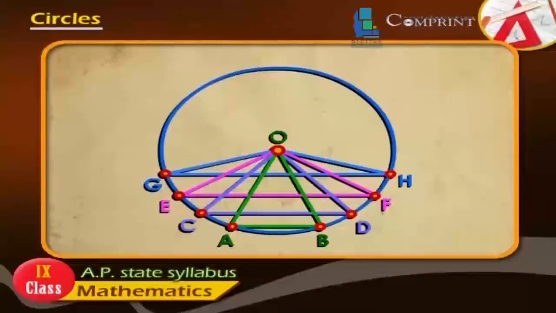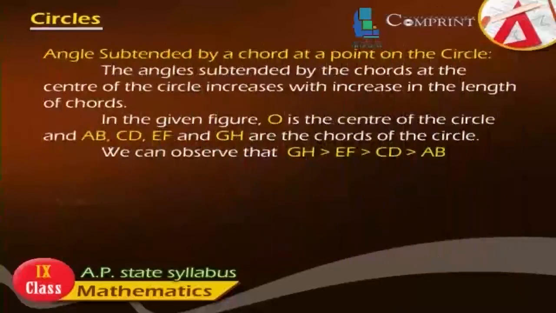In the given figure, O is the center of the circle and AB, CD, EF and GH are the chords of the circle. We observe that GH is greater than EF, greater than CD and greater than AB.